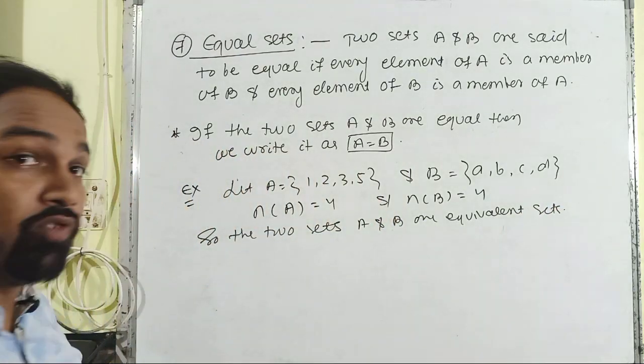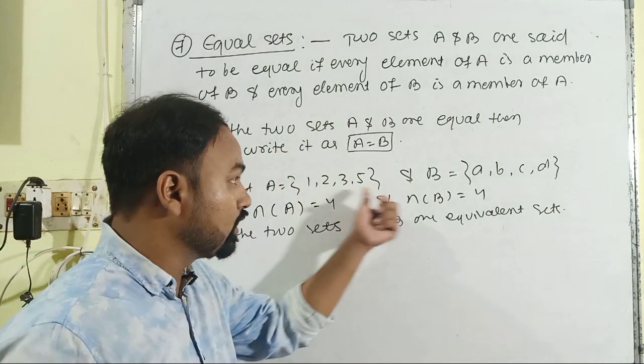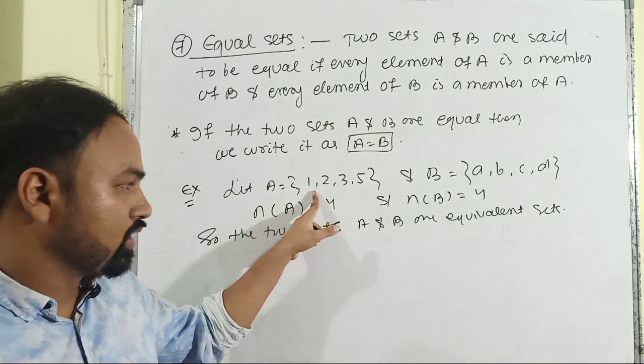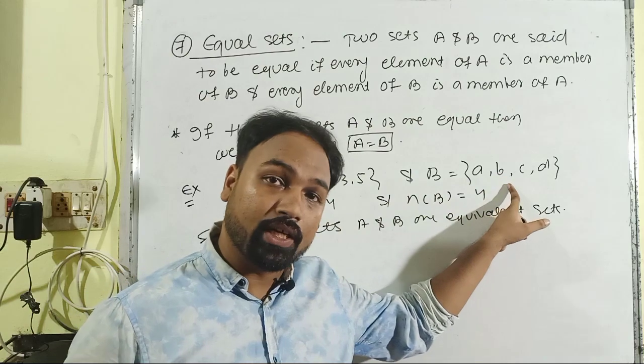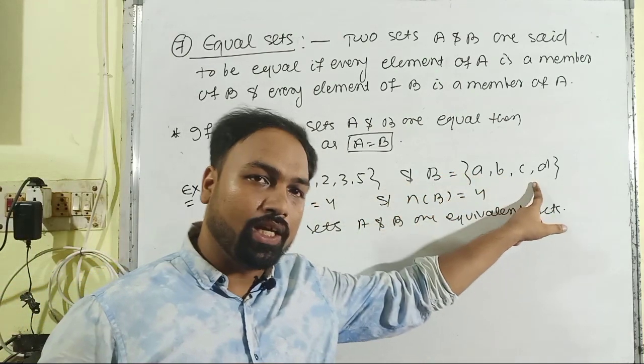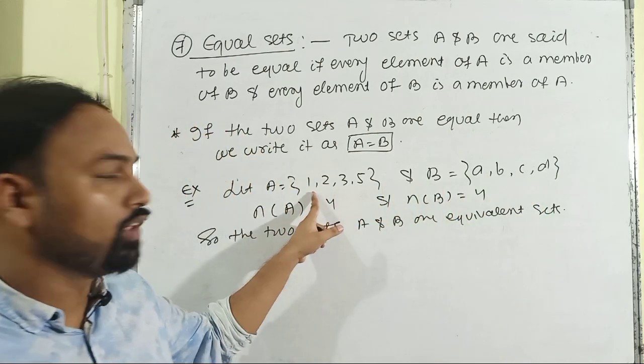But it is not possible to say the two sets are equal, because all of the elements of the first set are not members of the second set. Similarly, in the reverse condition, all of the members of the second set are not members of the first set.